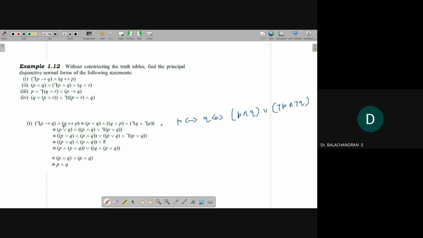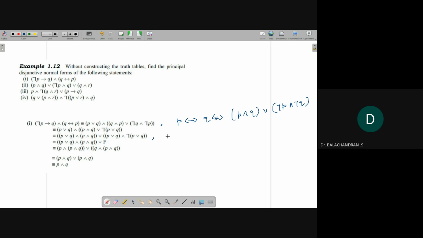So consider this is A, this is B, this is C. Here A is P or Q, B is P and Q, and C is negation of P or Q.